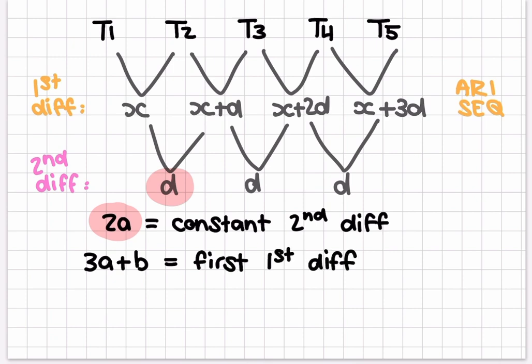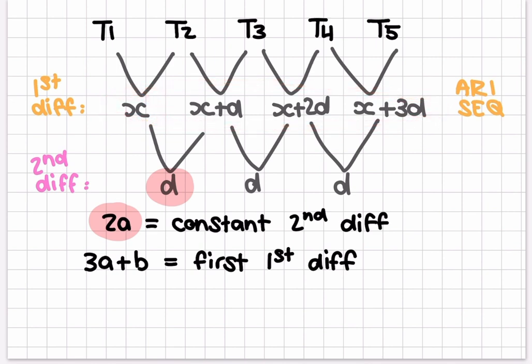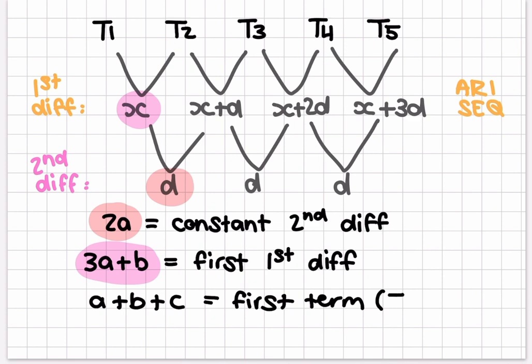I know that sounds confusing, but when I mean the first difference, I mean the first difference in the first row. So this over here is equal to this. Then we have a plus b plus c is equal to your first term. So this is equal to T1.